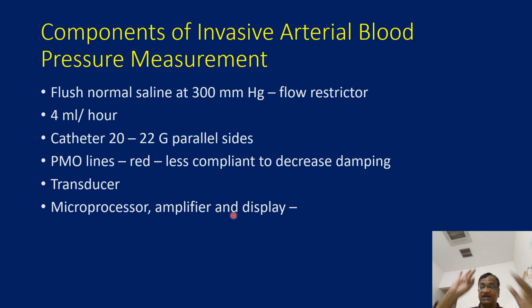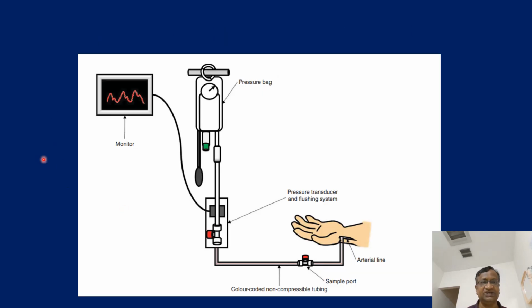The pressure there is 300 millimeters, and then only it gives us 4 ml per hour. Catheter may be 20 or 22 gauge at various sites. It should be PMO lines, pressure monitoring lines, red, because it is less compliant. Less compliance means less damping. Then there should be a transducer.